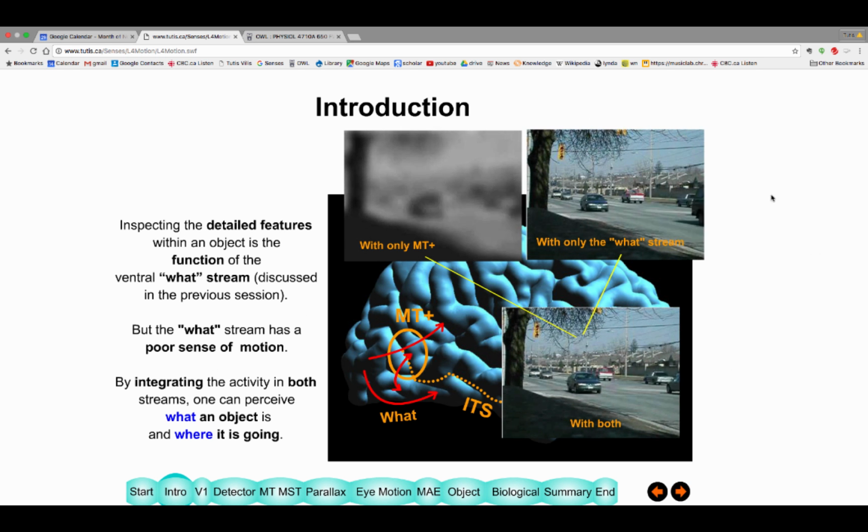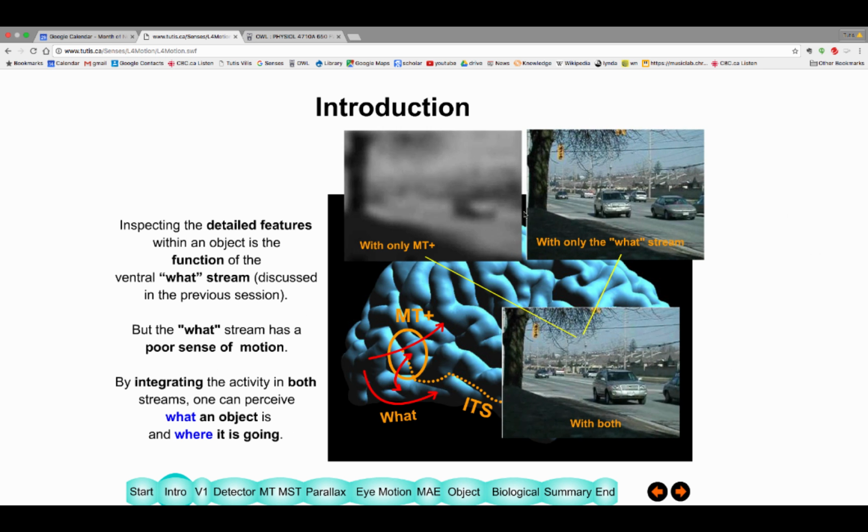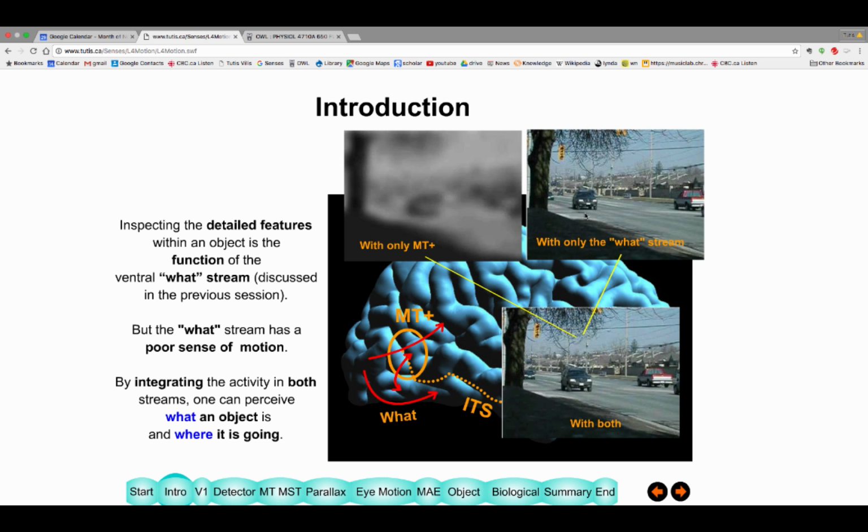So it's kind of remarkable that in one area, this is what you'd see if you were sitting in that area and watching it. And if you were in another area, somewhere in your what stream, you would see this, because the what stream has no sense of motion on its own.